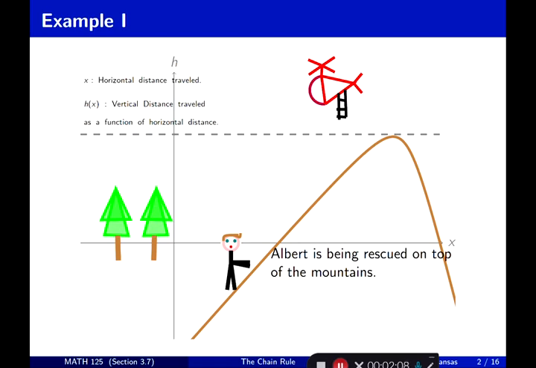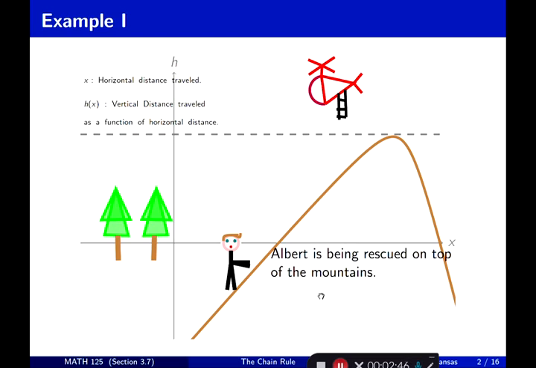So he only sees how fast Albert is traveling horizontally, but he's interested in knowing how fast Albert is traveling vertically. Do you see the dashed line? He's interested in the time that Albert gets to that dashed line, where he should go down and drop the ladder, because it's safe for the chopper to come down and get Albert at that level. Otherwise, it's the mountain, it's dangerous for the chopper.